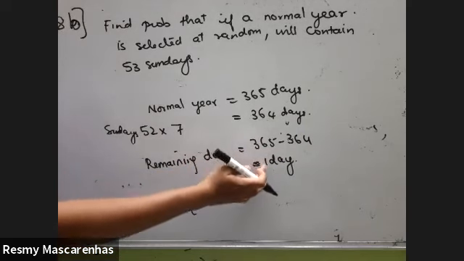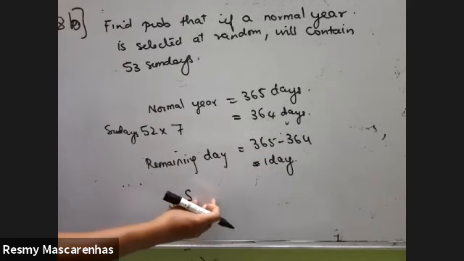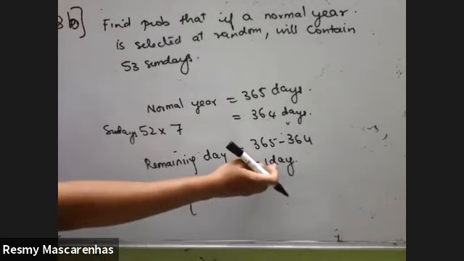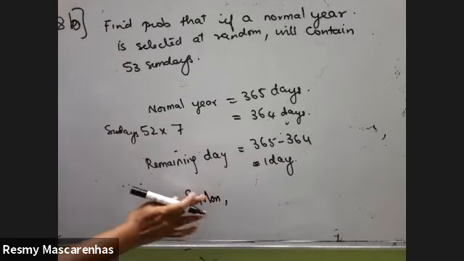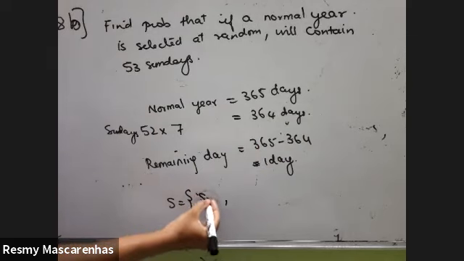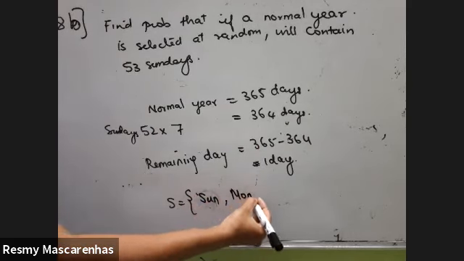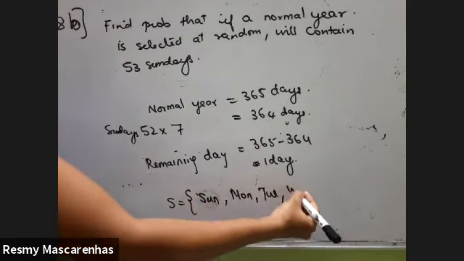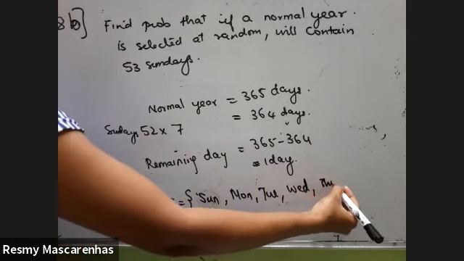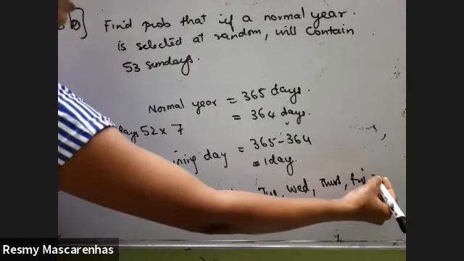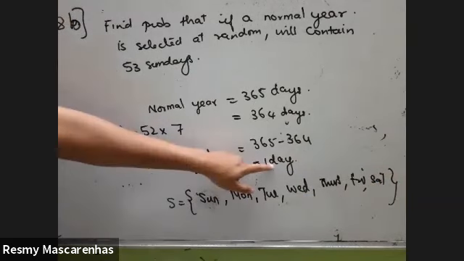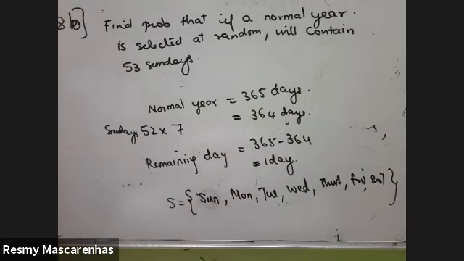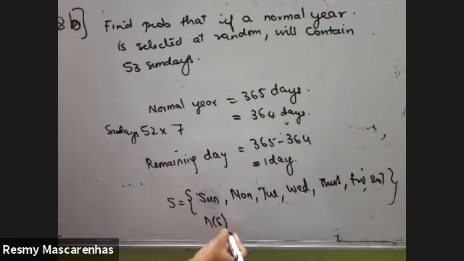In the previous problem there were 2 days, so that's why we could take those combinations: Sunday, Monday, Tuesday, Wednesday. Now it's only one day. So it could be Sunday, Monday, Tuesday, Wednesday, Thursday, Friday, or Saturday. So this is your sample space if there is one day. Still, n of S is 7.